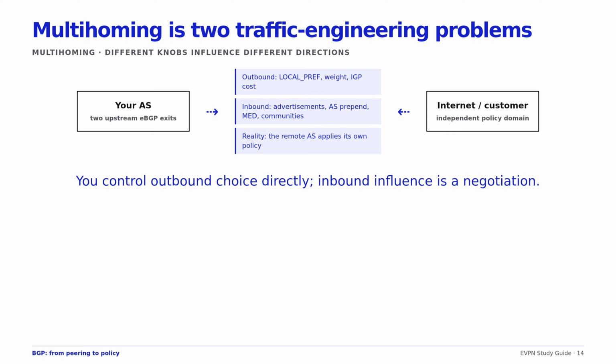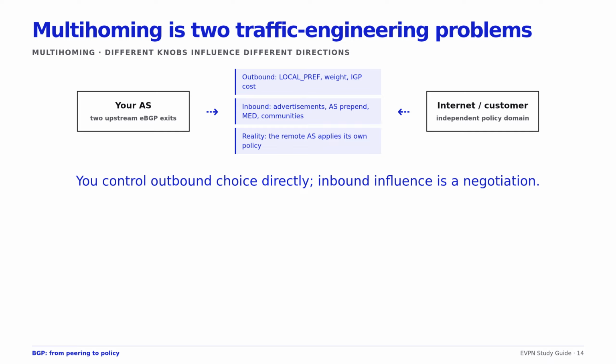Inbound choice belongs to remote autonomous systems. You can influence it with selective advertisements, more specific prefixes, autonomous system path prepending, MED in the right relationship, or provider-defined communities. You cannot command it. Remote policy may override every hint.